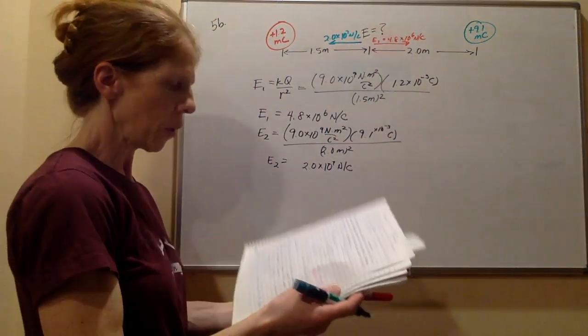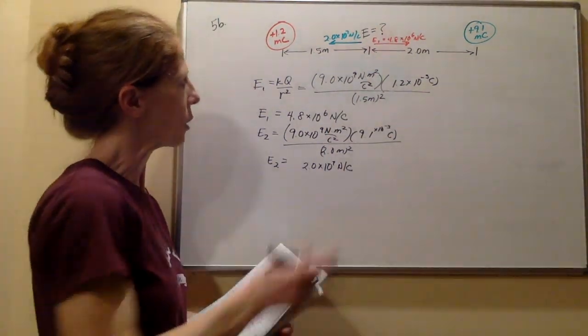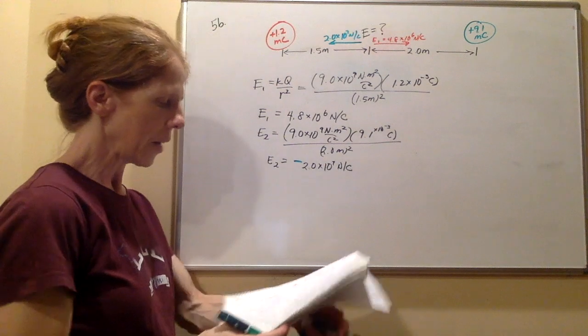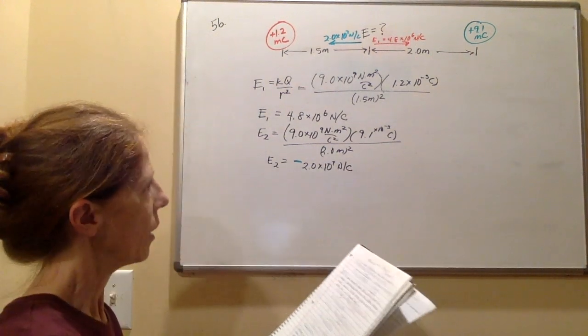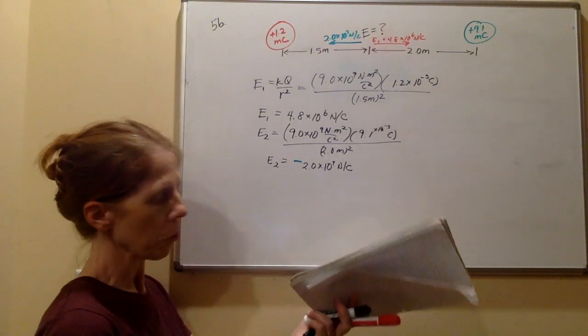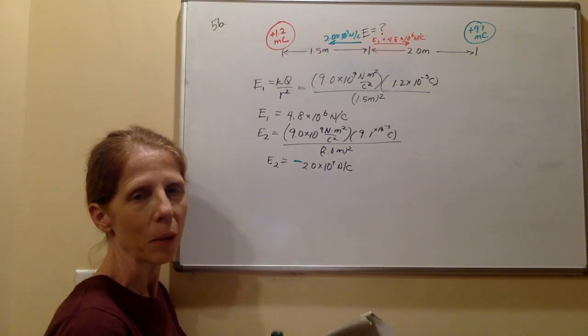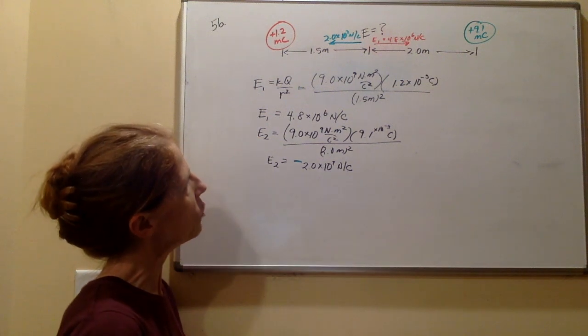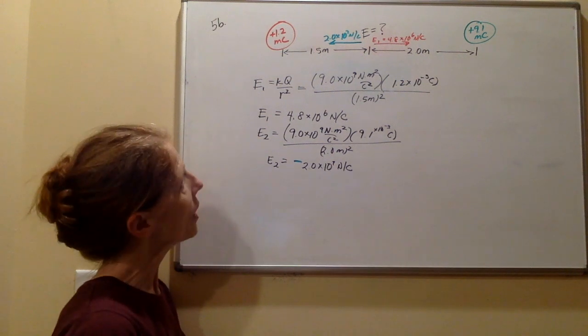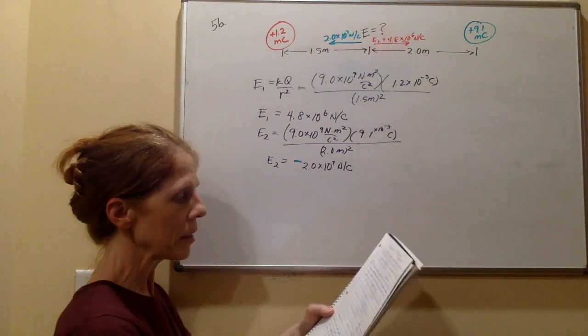Okay, so then to figure out our overall field, we have to do the same thing. So this then becomes negative. We have to add those up. This is the final. I'm not going to work through it. It's the same math as we did in 5A, where you have to look at what precision you have. In this particular problem, we're going to take negative 2.0 times 10 to the 7th and add to that 4.8 times 10 to the 6th.